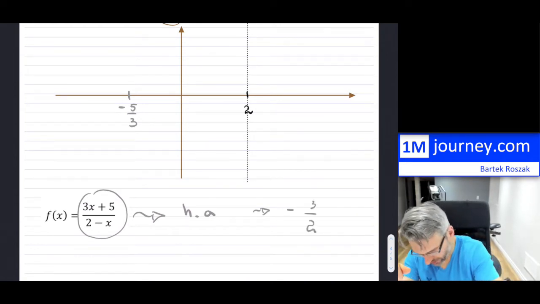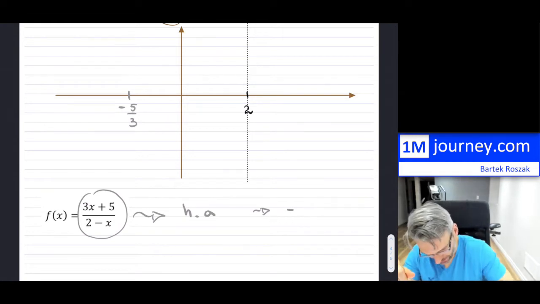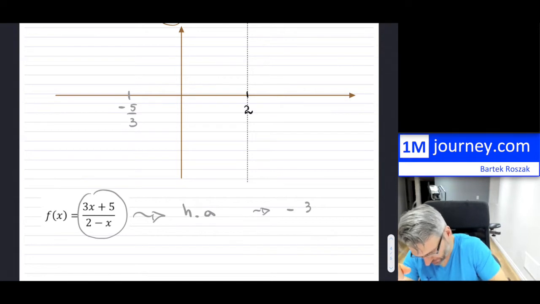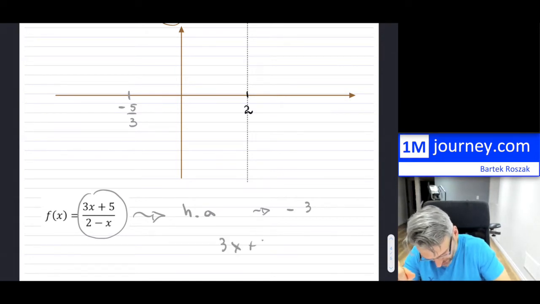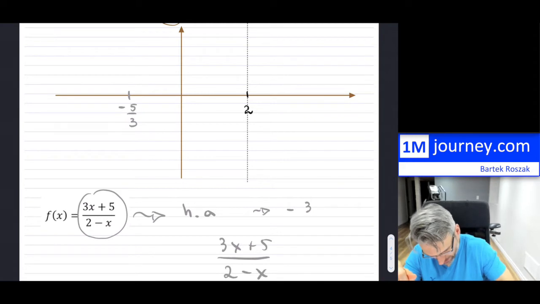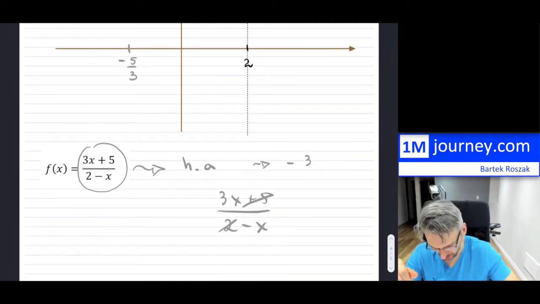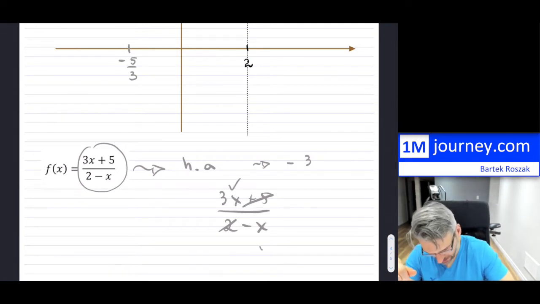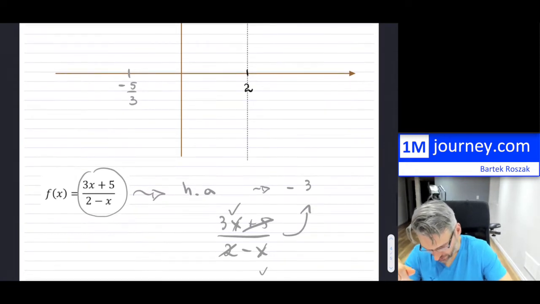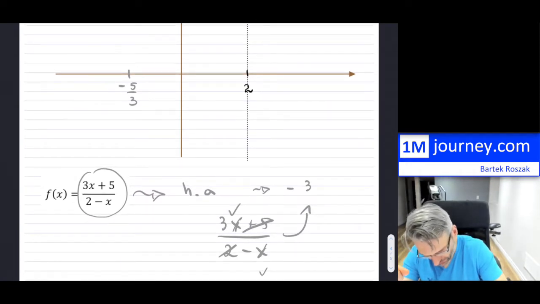That comes from 3x + 5 all over 2 - x. Notice these two constants are gone, because if x gets bigger and bigger, the only things that dominate are the x terms. So the x's cancel and you'll get negative 3. So it looks like we have a horizontal asymptote at negative 3, going in this direction.